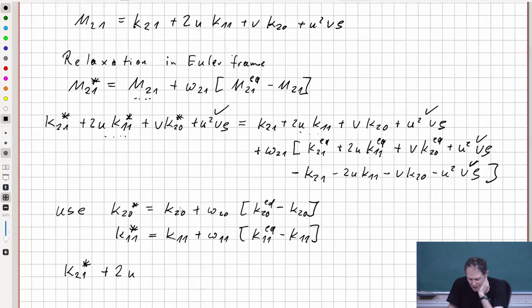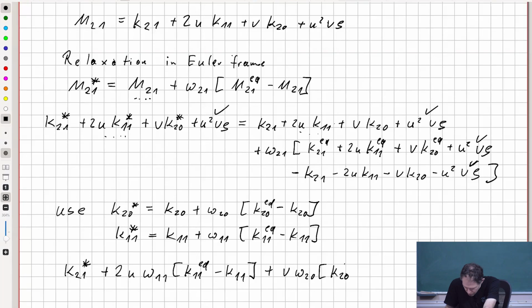So I already eliminate this here against that here, in order not to write too much. What is always left is the second part, this U times omega 11 times K11 equilibrium minus K11 before the collision. So this is left plus V omega 20 times K20 equilibrium minus K20.